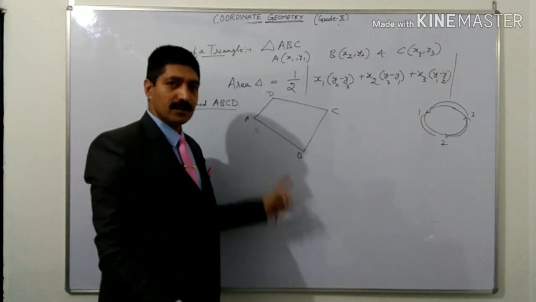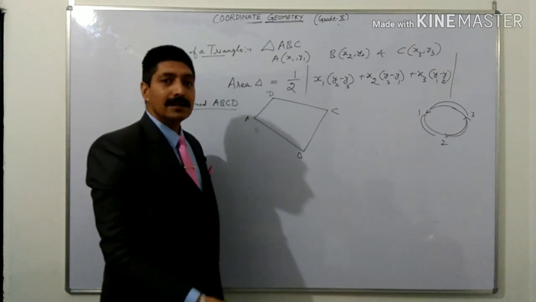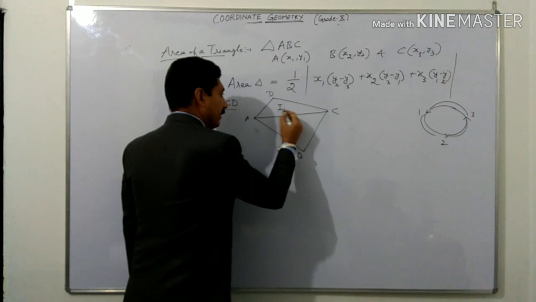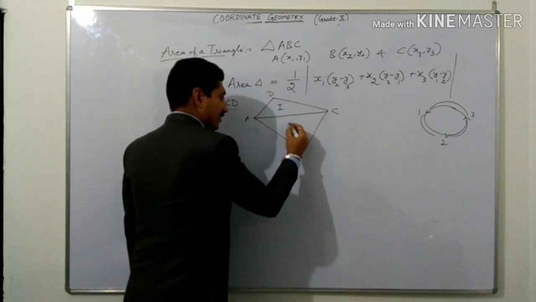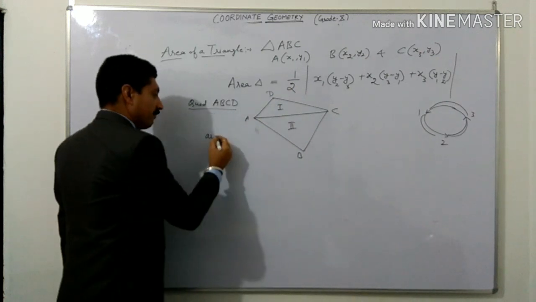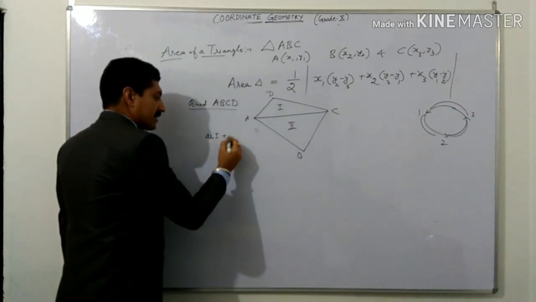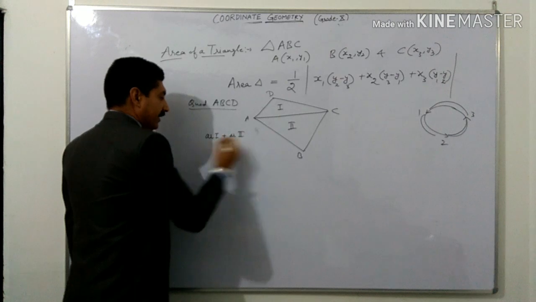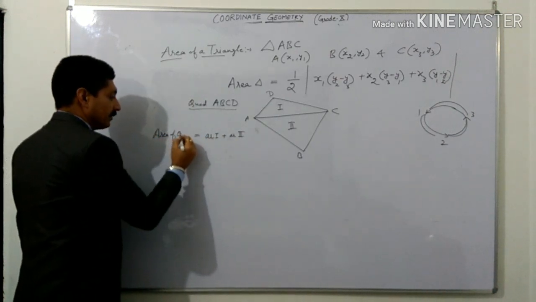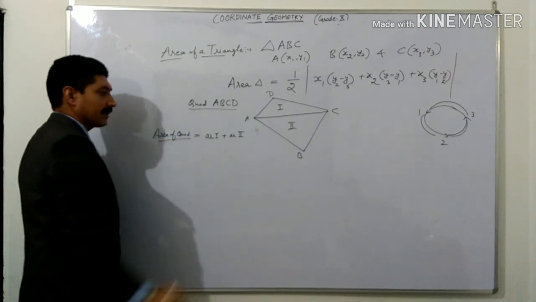It will divide the quadrilateral into 2 triangles. So we can apply this formula to triangle 1 plus triangle 2. The area of triangle 1 plus the area of triangle 2 gives the area of quadrilateral ABCD.